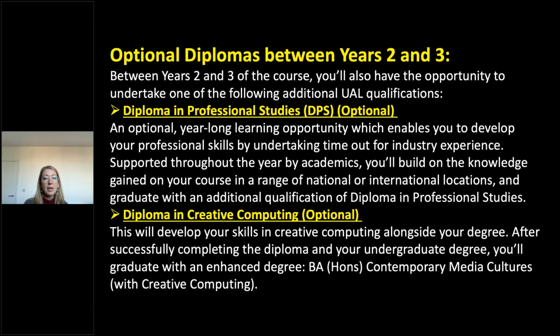You'll be supported by academics, and you build on the knowledge gained through some of the units, such as professional industry practice, for example, which will help you get into a placement and also prepare for this diploma. Once you come back, you'll have the diploma, the preparation and the work done in the real world in a specific industry, and you'll be reintroduced into year 3. I think it's a really important way to develop, not only in a professional way, but also a personal way.